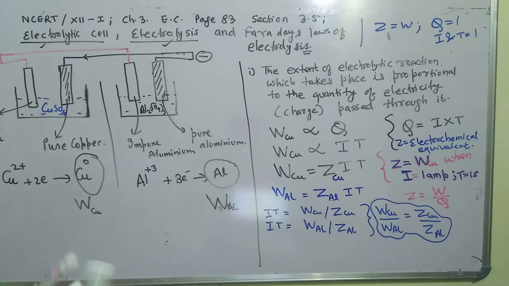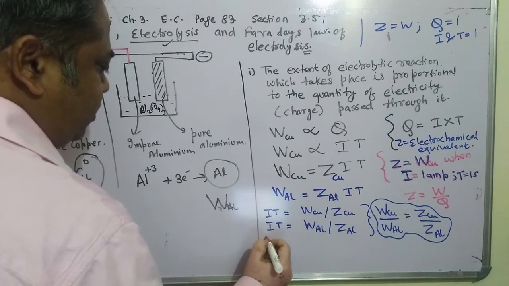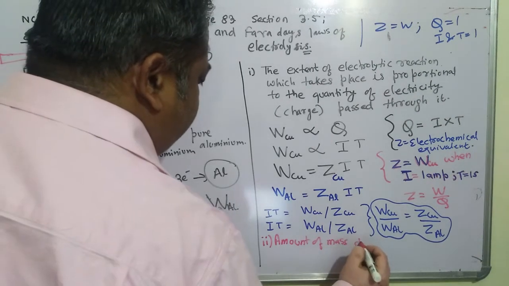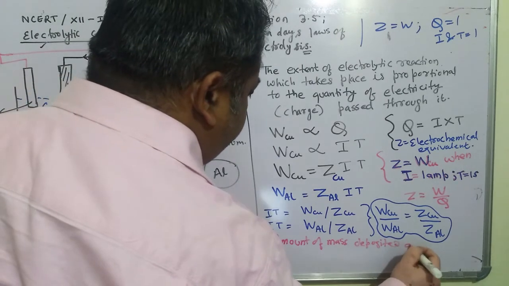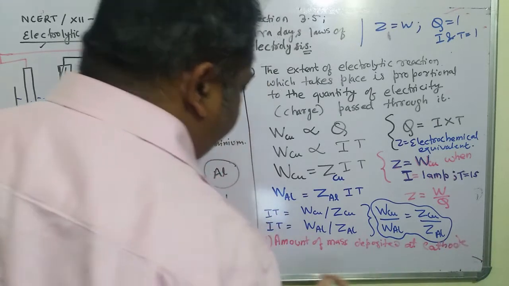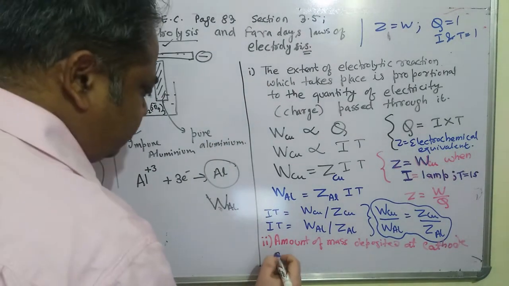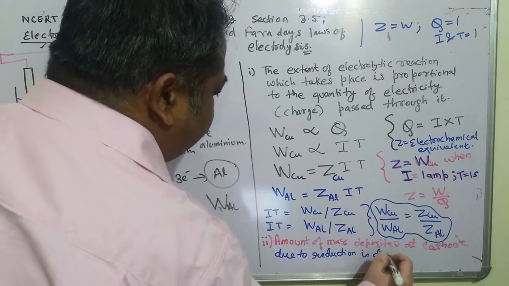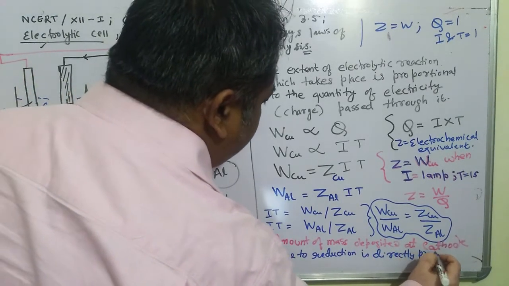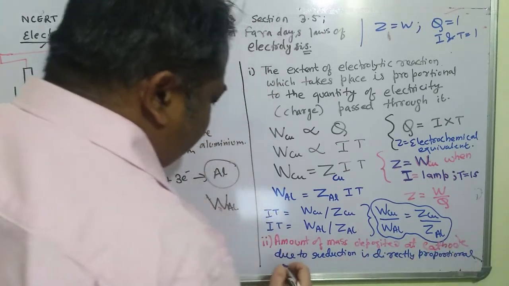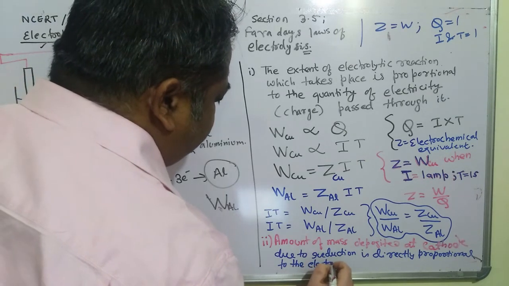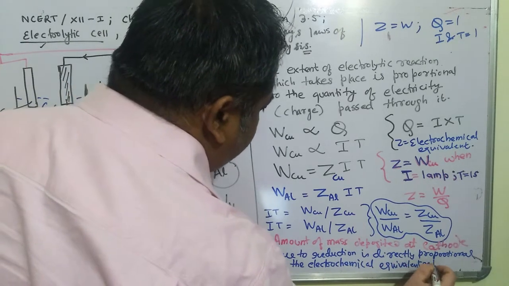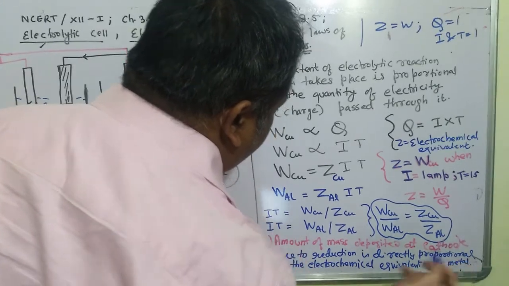According to this, Faraday's second law of electrolysis says the amount of mass deposited at the cathode due to reduction is directly proportional to the electrochemical equivalent of the metal or element.